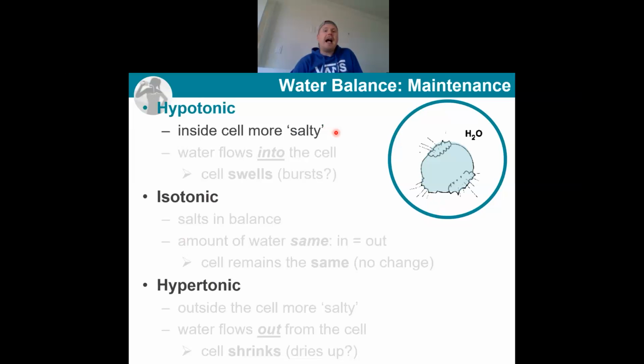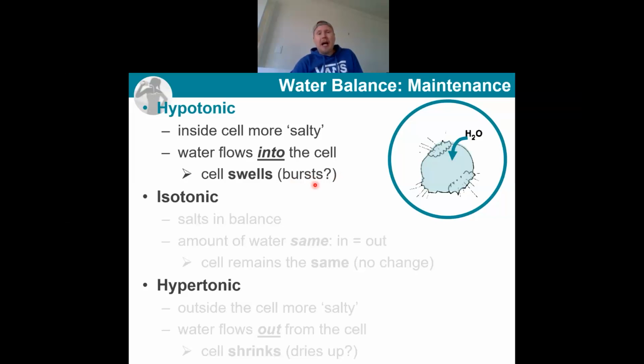In the case of a hypotonic cell, the inside of the cell is more salty. So as a result, more water flows into the cell, trying to balance off that saltiness so that it is the same on both sides. And when there's more water coming into the cell, the cell grows bigger and bigger, and it might even eventually end up bursting.